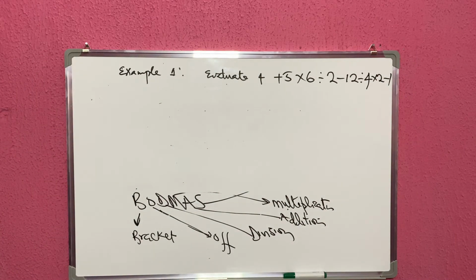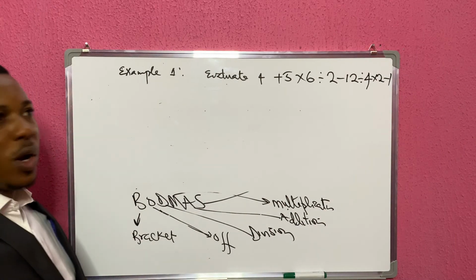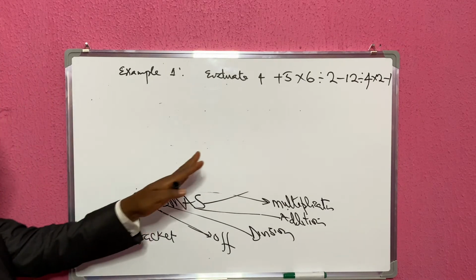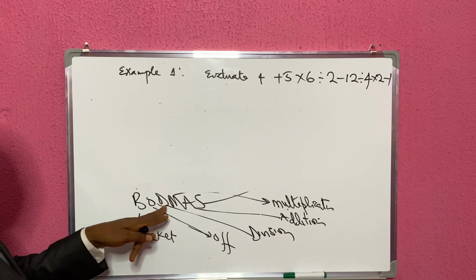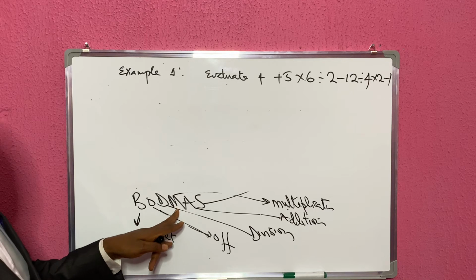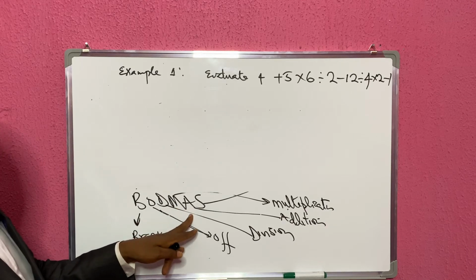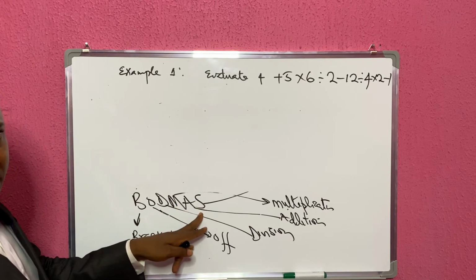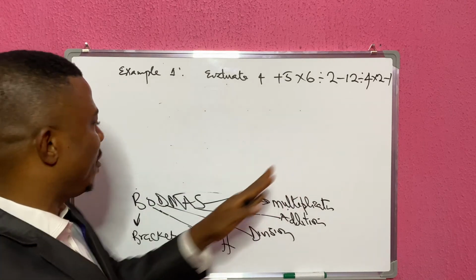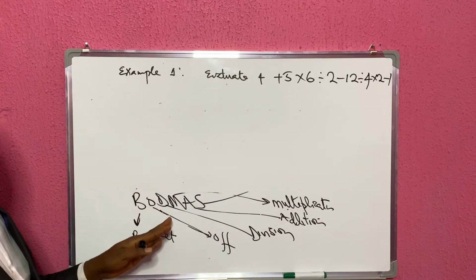Something like this. Remember what we said. We treat division before multiplication, before addition and subtraction. Because in our question we don't have brackets, we don't have of.